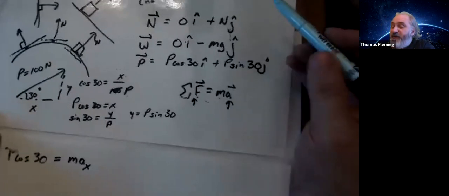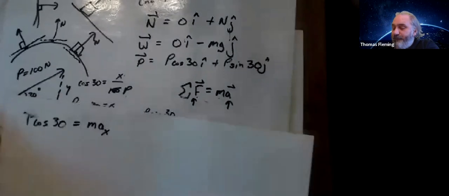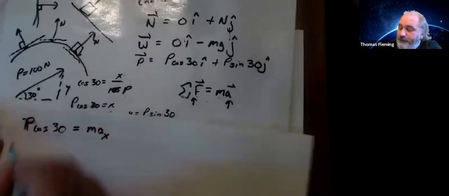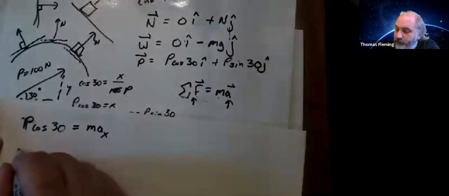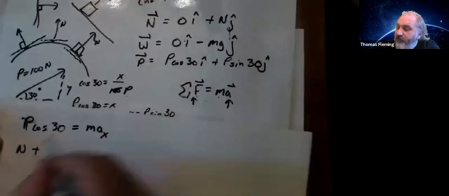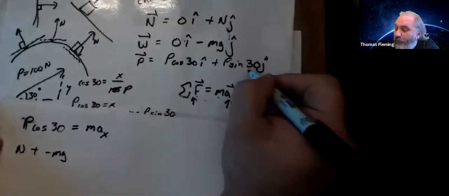But what about in the y direction? Right? I'll go back. In the y direction, I have many forces. So what's going to happen is in the y direction, I'm going to have this force, N, plus this force, so negative mg, plus this force.